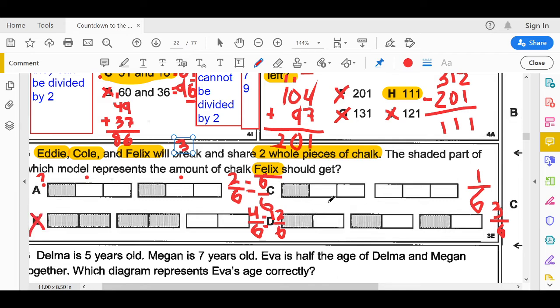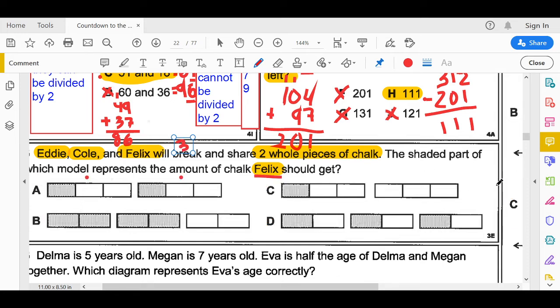Let me discard it. Letter C, 1 out of 6. 1 for Felix, 1 for Eddie, 1 for Cole. 1 plus 1 plus 1 equals 3. 3 out of 6. And again, the number at the top is not the same as the number at the bottom, so this is not correct.